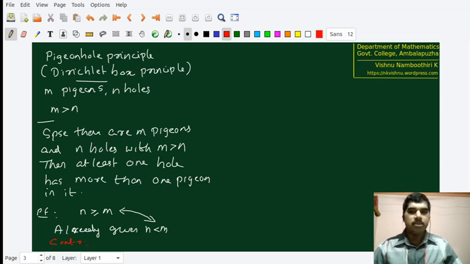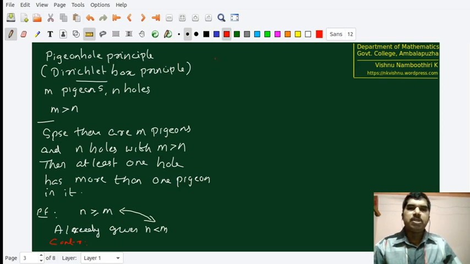What did we assume? To arrive at n greater than or equal to m, we assumed that not a single pigeon is sharing a hole with another pigeon. Therefore, that assumption is wrong. So at least one pigeon must share a hole with another pigeon. That's what the pigeonhole principle says.